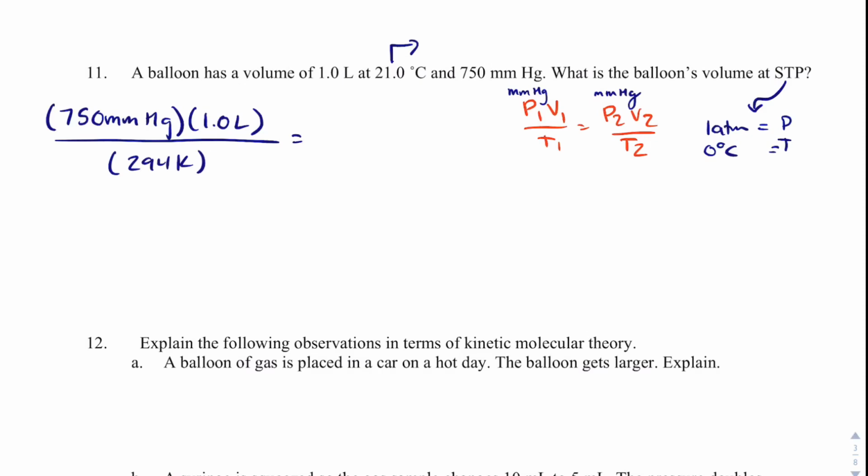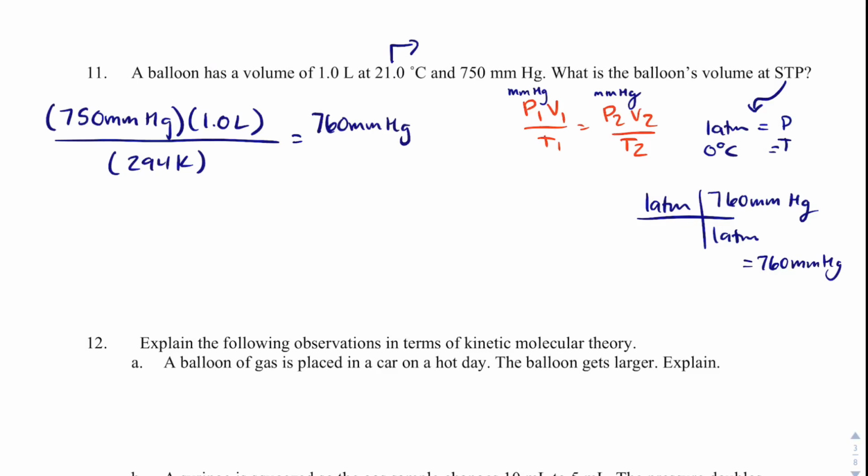We are going to a new pressure, 1 atmosphere, so 1 ATM. In 1 ATM, there's 760 millimeters of mercury. So that'll solve to be 760 millimeters of mercury. We are solving for the new volume, that'll be V2. And then 273 Kelvin will be our temperature.